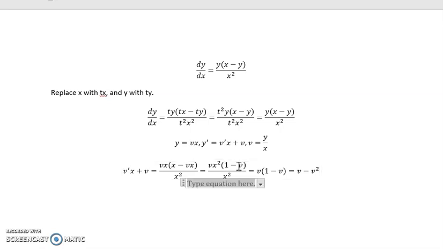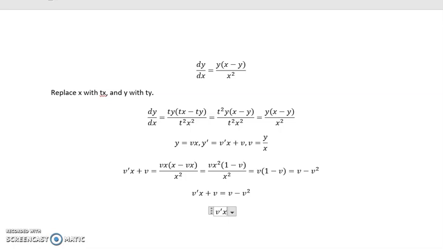All right, so that leaves us with v prime x plus v equals v minus v squared. Now, what do we do from here? Well, we're going to subtract this stray v from both sides of the equation, and the v's are going to cancel out.